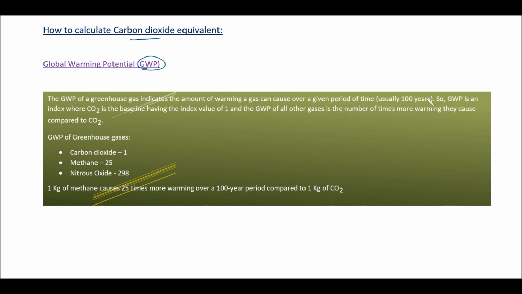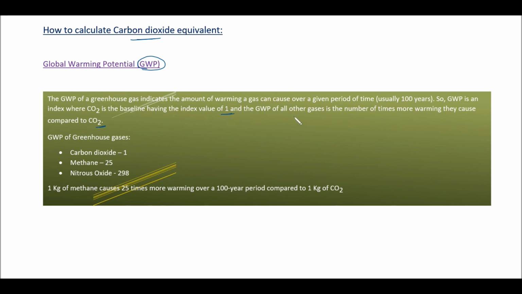GWP is an index where CO2 is the baseline having the index value of 1, and the GWP of all other gases is the number of times more warming they cause compared to CO2. Based on this parameter, that is, over a period of 100 years how much warming a gas can cause, CO2 has been made the baseline on the index and given a value of 1.